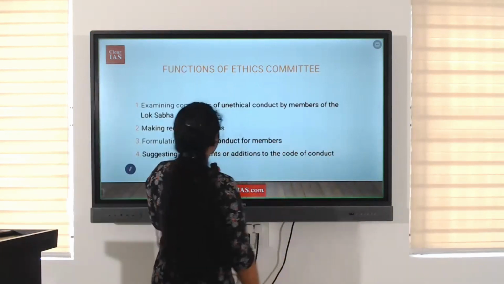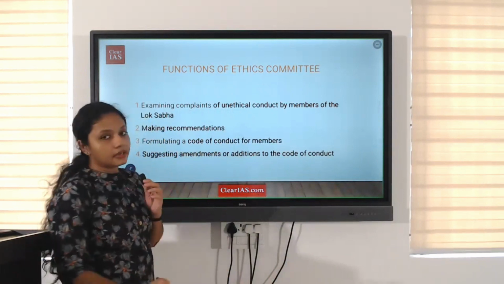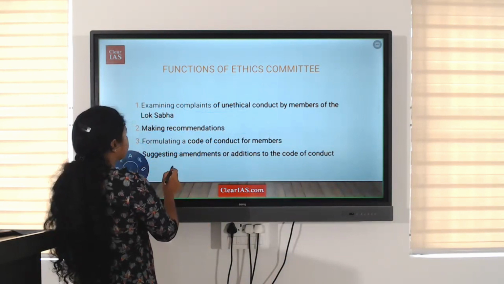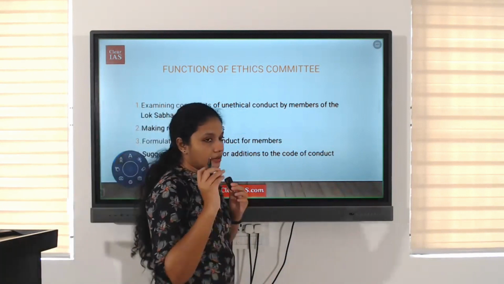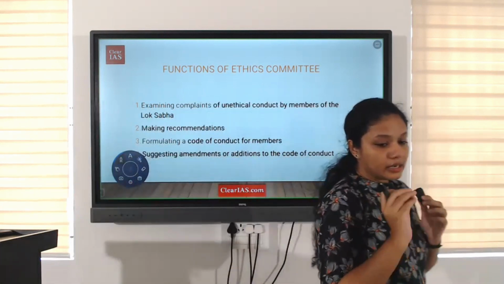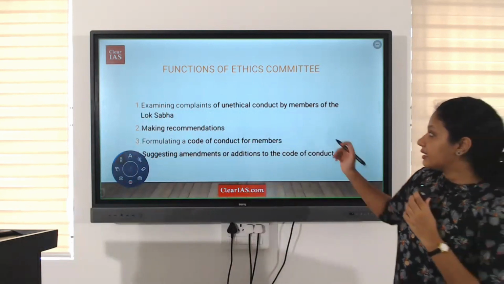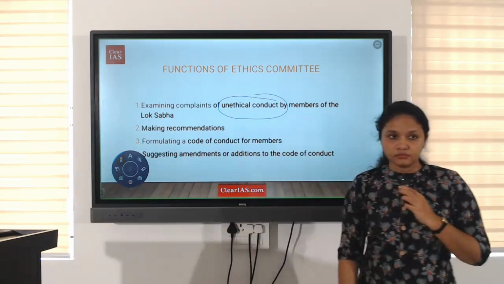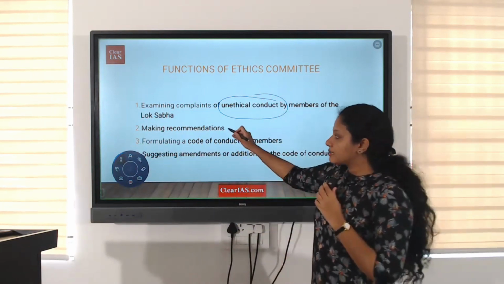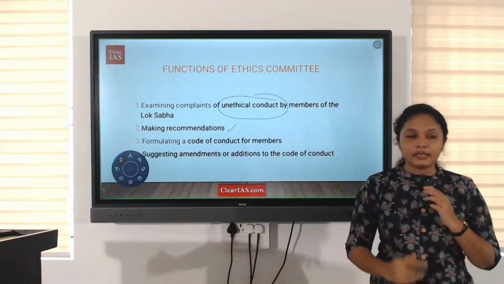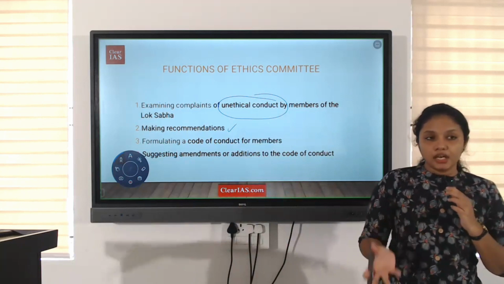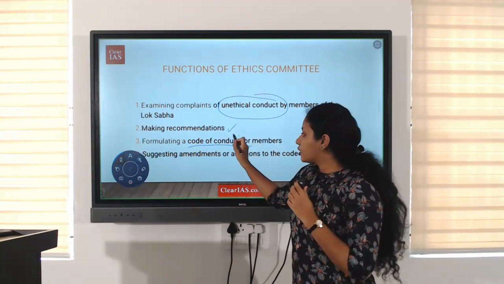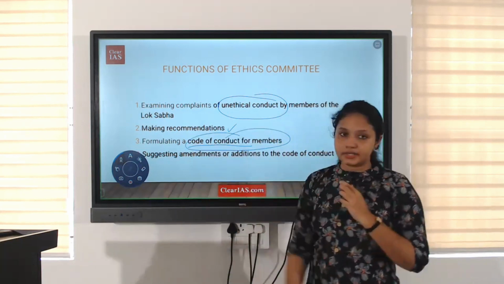Clear? Okay. Now regarding the functions of the Ethics Committee. As the name indicates, it examines the unethical conduct by members of Lok Sabha, and it makes recommendations regarding the changes which need to be introduced. It also formulates a code of conduct for the members.